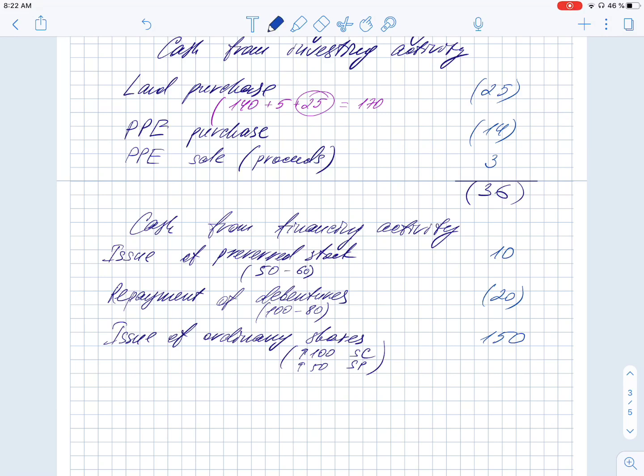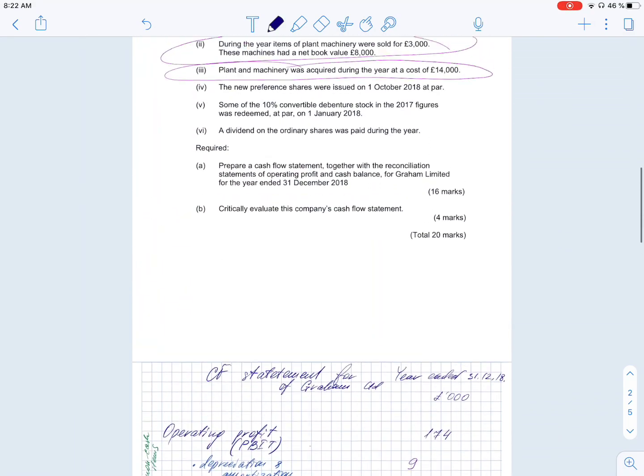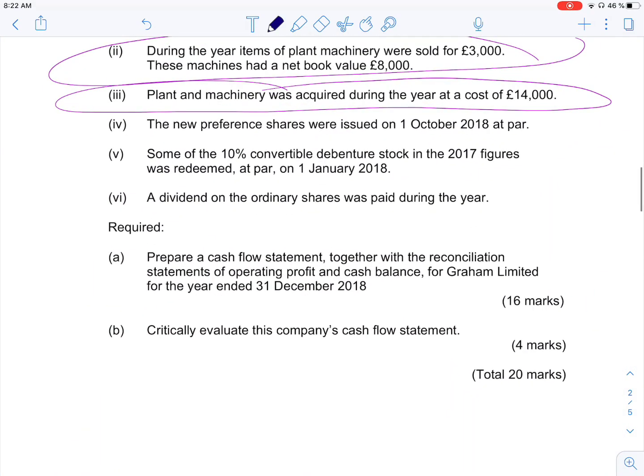And ordinary dividends. We have to calculate ordinary dividends paid. It's a tricky question here because in the wording of the problem, we are only told that the ordinary dividends were paid during the year.